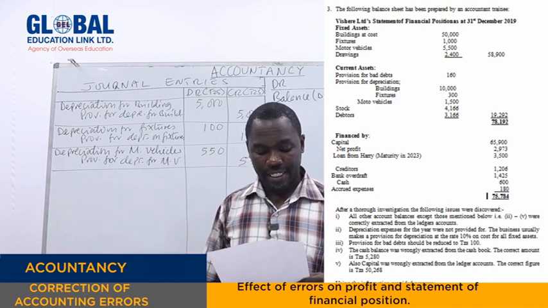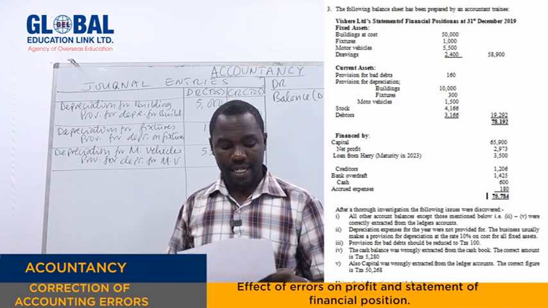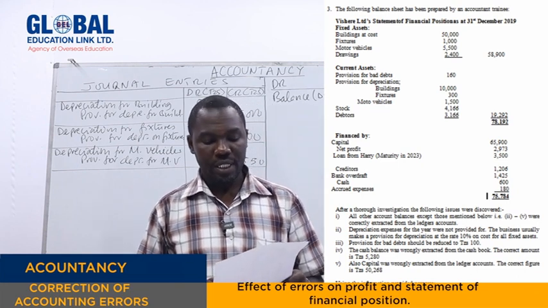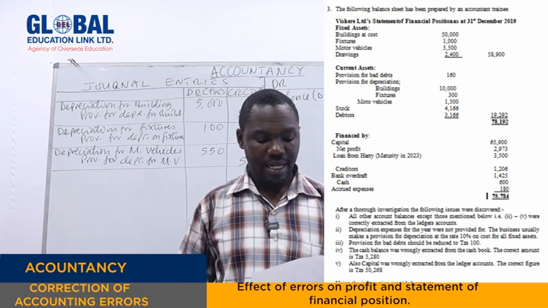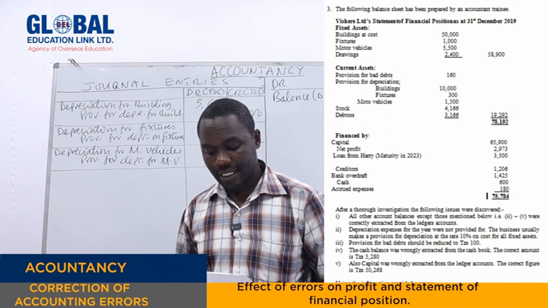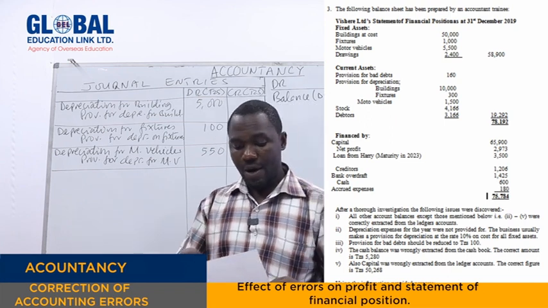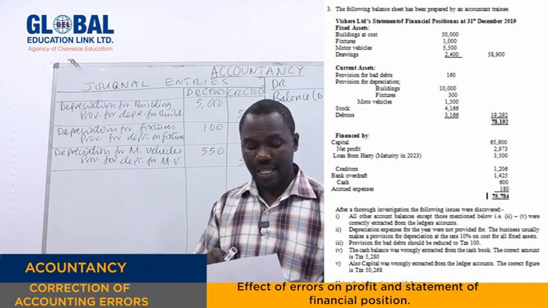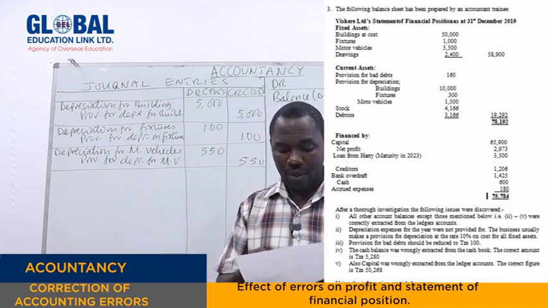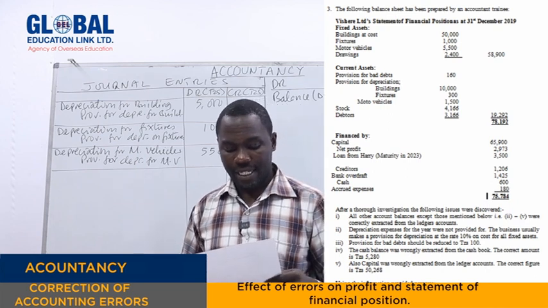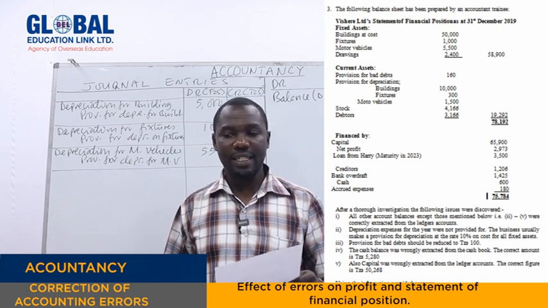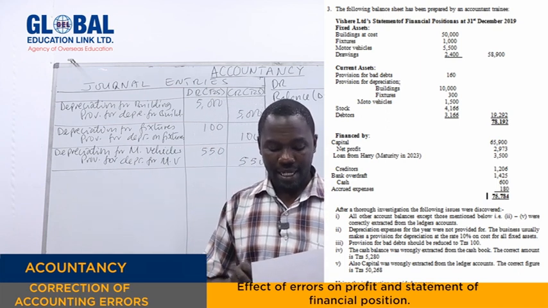Then what next? We are told that provision for bad debts should be reduced to 100. That is Roman 3. So provision for bad debts given in our balance sheet or in the statement of financial position is 160, and it is supposed to be reduced to 100. So the balance remaining in the provision is supposed to be 100.